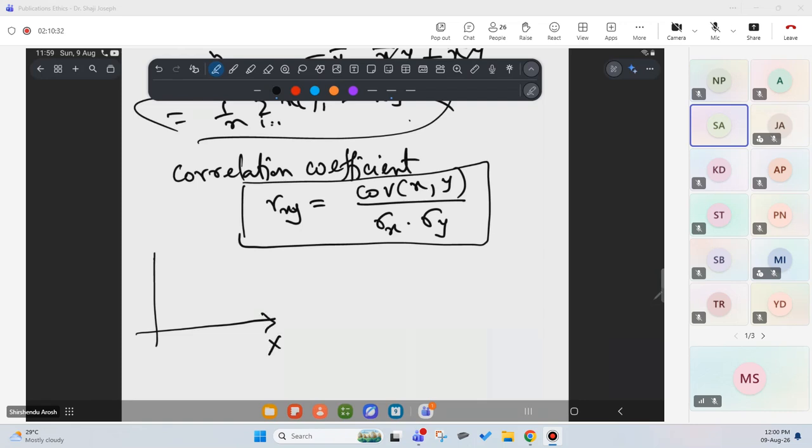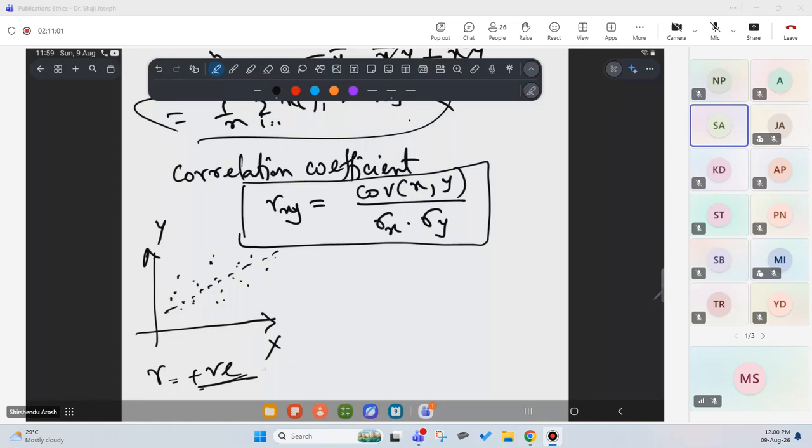Suppose x and y are connected something like this. So this is a data point. As I told, the data points we can drag and drop here. It should look something like this. So you can at least find out that the parameter is going something like this. In this particular case, r is positive. What is the meaning? That means if x is increasing, y is increasing.